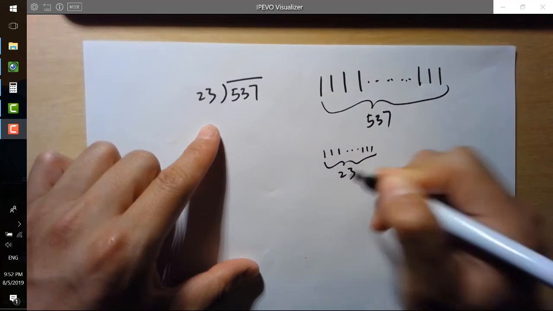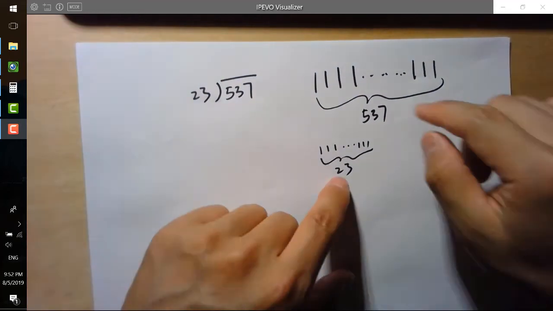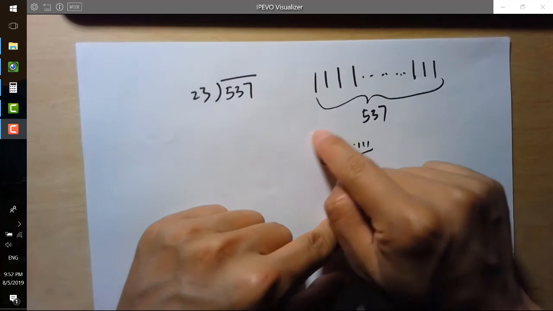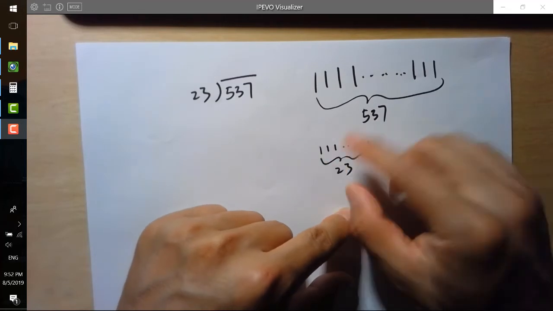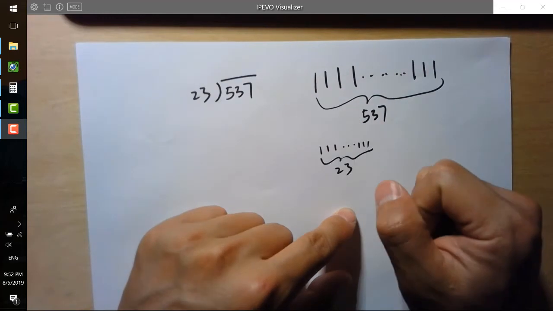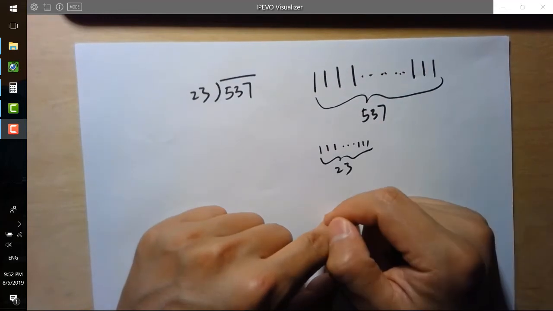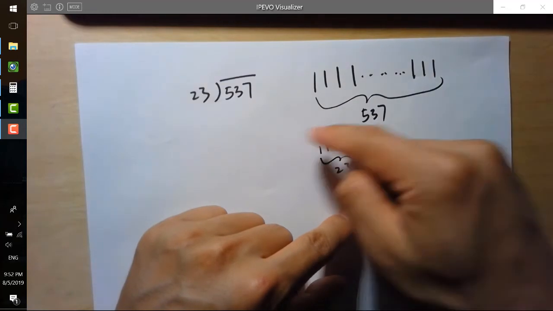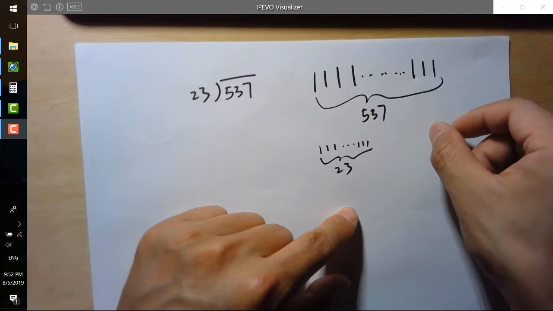So that's 23. So the result for this division operation will be how many 23 groups you have in this entire number here. And then if you cannot divide this one and get an integer, you get a little remainder here, okay?